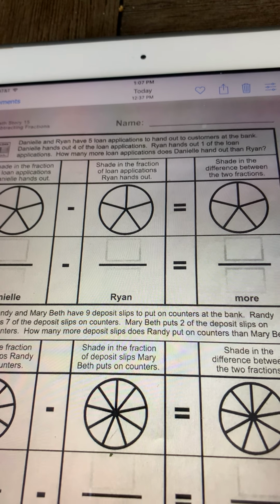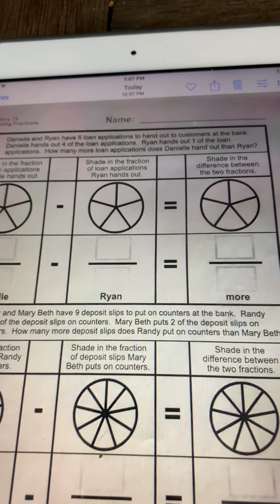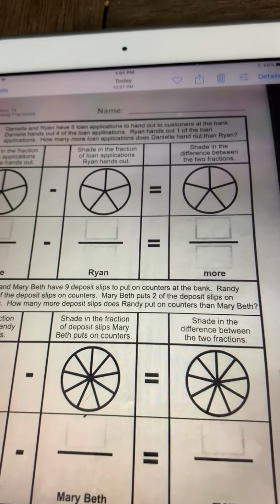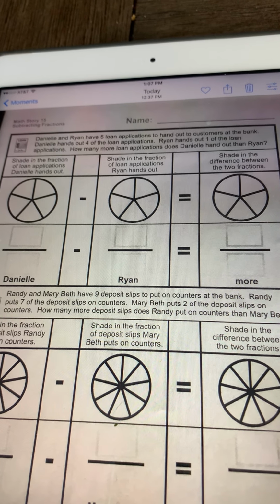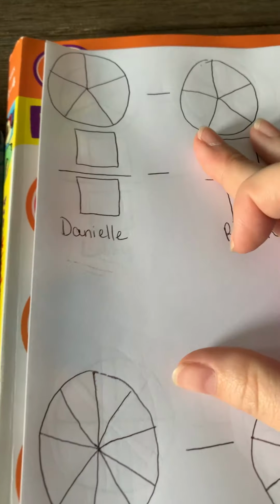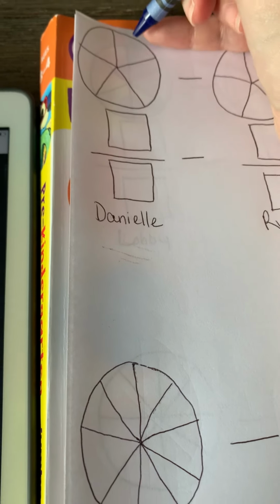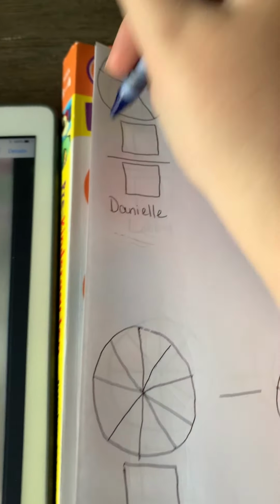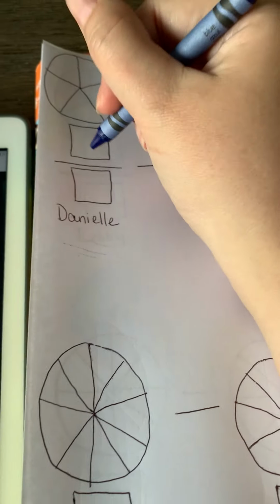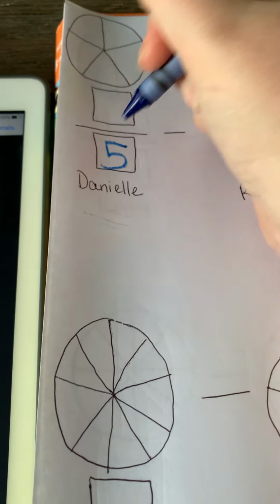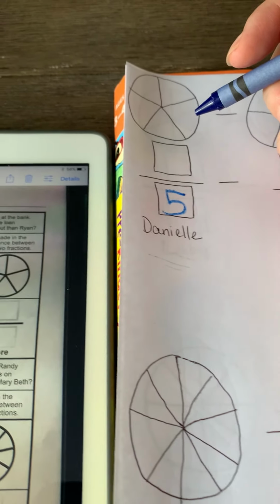Okay, so we're going to do this the same way that we did earlier. Okay, we have a total of 5. So let's make sure we have 5 pie slices. 1, 2, 3, 4, 5. So we do. So let's go ahead and write our 5 in our box.